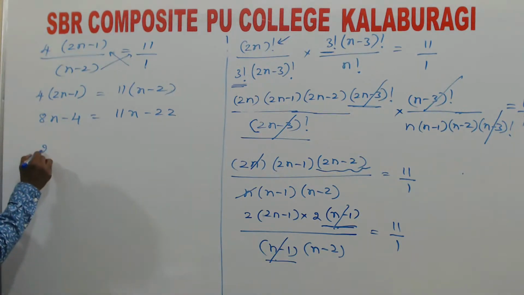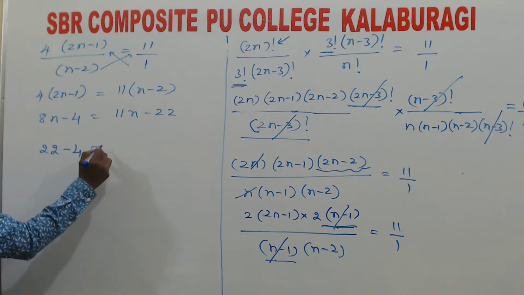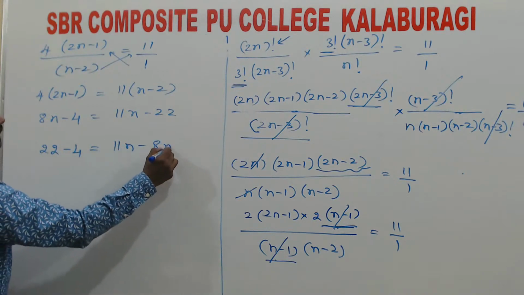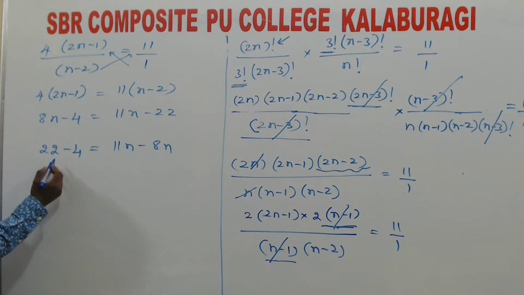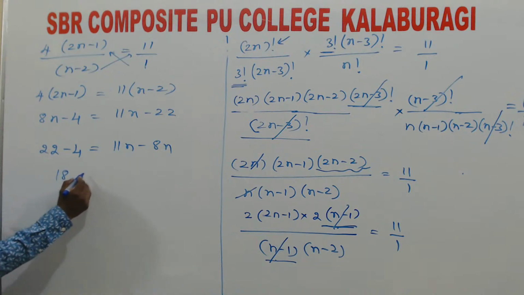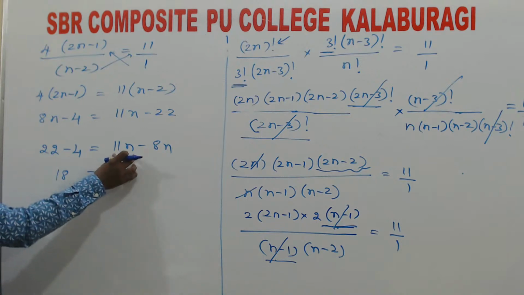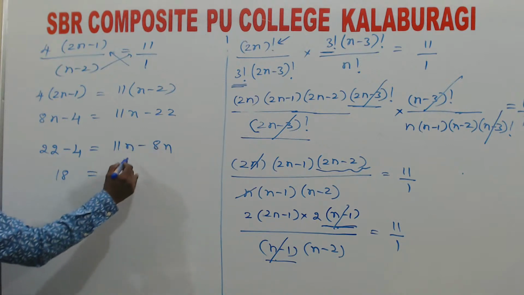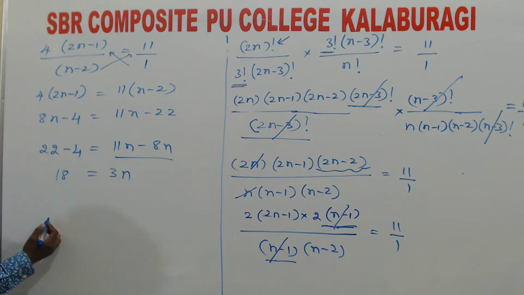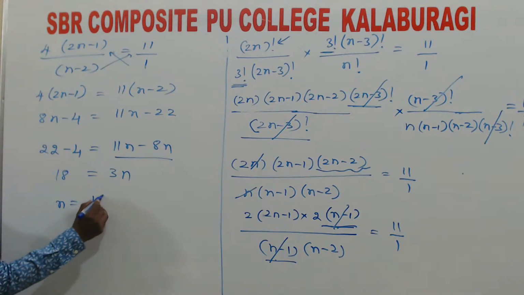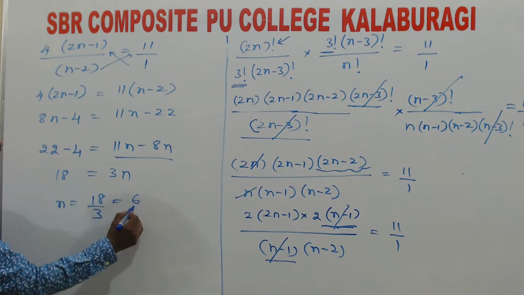So minus 22 shift this side, 22 minus 4, 11n minus 8n. So 22 minus 4 can be written as 18, which is equal to, here I can write it as 3, right? So 11n minus 8n. These are like terms, can be subtracted. Okay, so n is equal to 18 by 3, which is equal to 6.